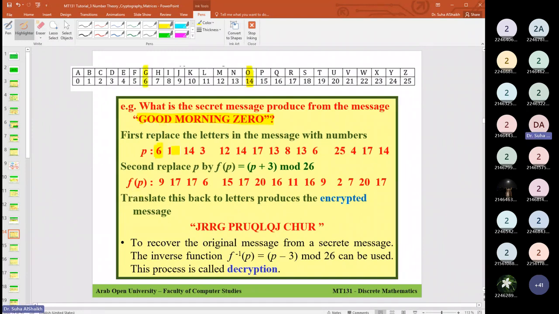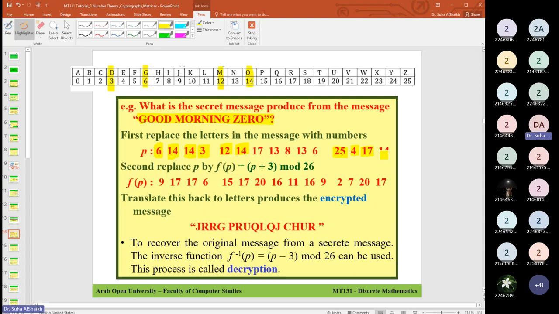The O is 14. The O again is 14. The D is number 3. The M is 12. The O is 14, and so on. The Z in Zero is 25, the E is 4, the R is 17, the O again is 14. So we change each letter into a number using this table.